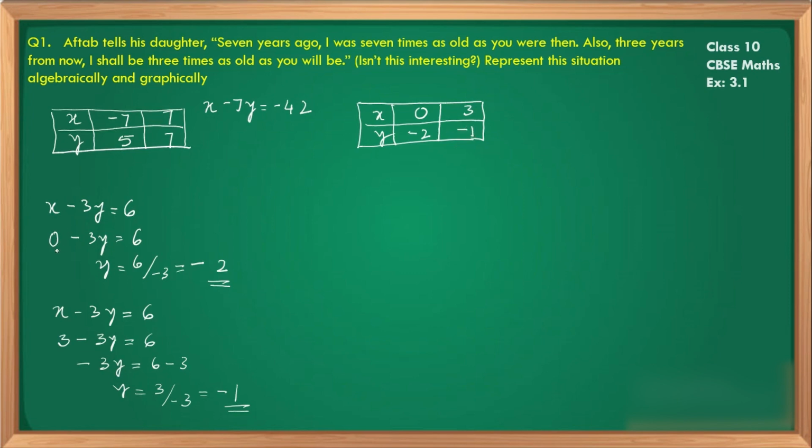You can see here, this was x and this was y, and this was x again and this was the value of y. Now we can write down the equation here. This was for x minus 3y equals 6. So this was one equation with a table. This is the second equation, the table. Now we will go for the graphical representation using these equations.